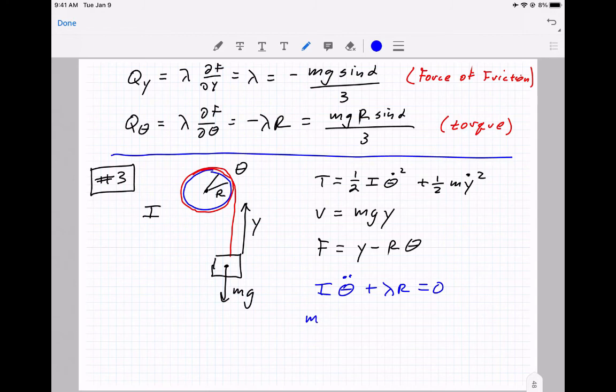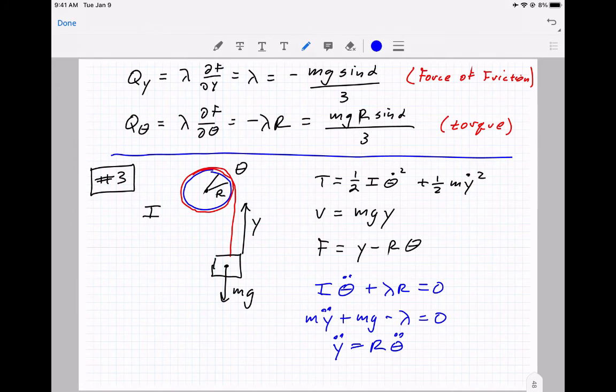I'm going to have m y double dot plus mg minus lambda equals 0. And then the double derivative of my equation of constraint, y double dot equals r theta double dot. Okay, so I've got my three equations, three unknowns.